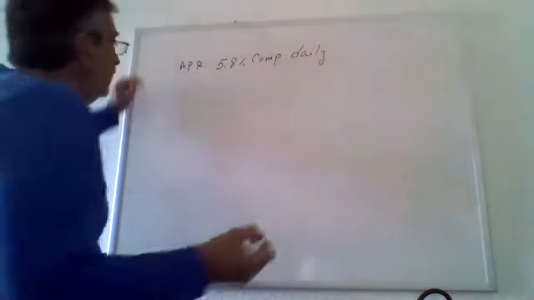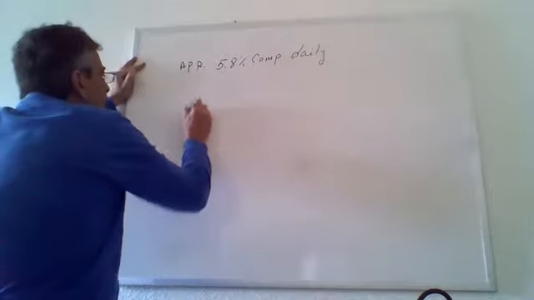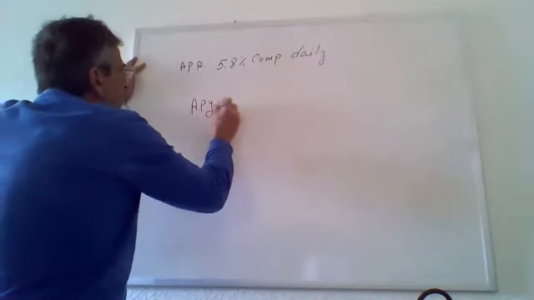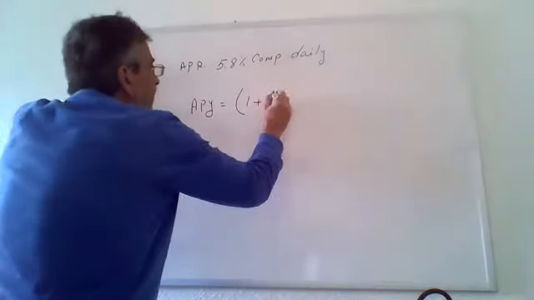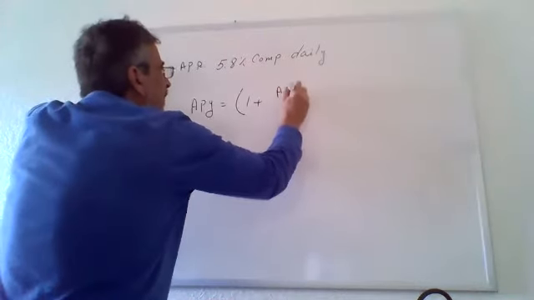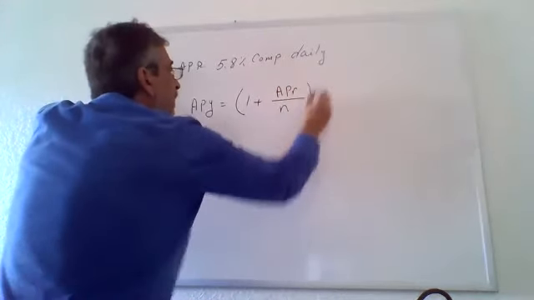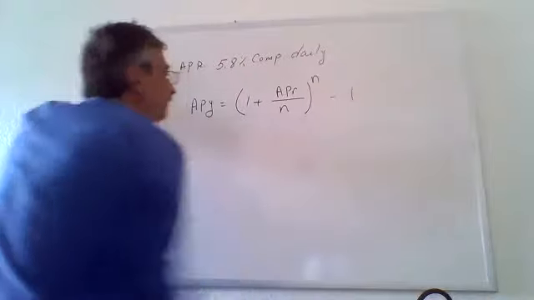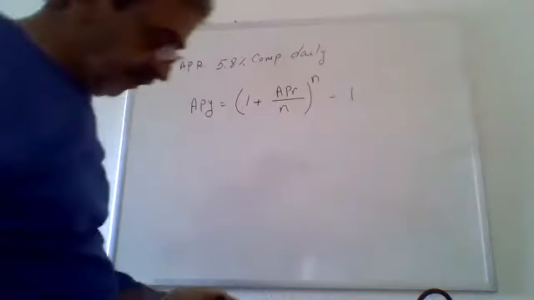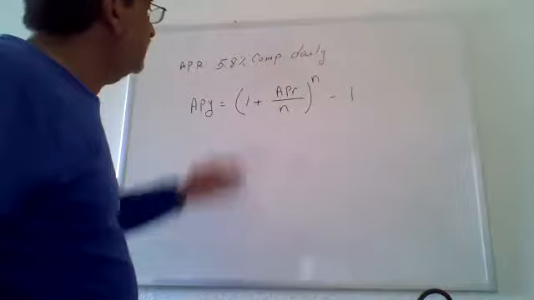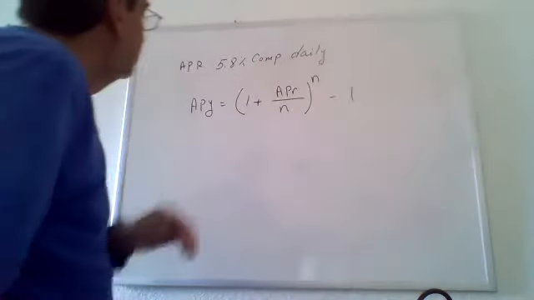Well, it's simple. APY equals (1 plus APR over n) to the power n, minus 1. So this is basically what we do.